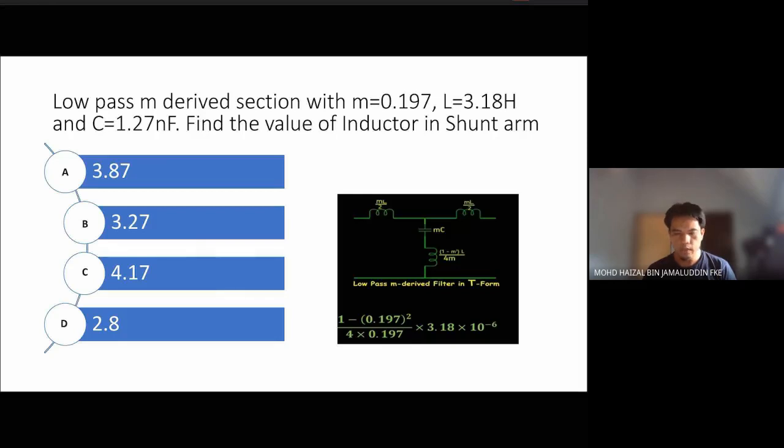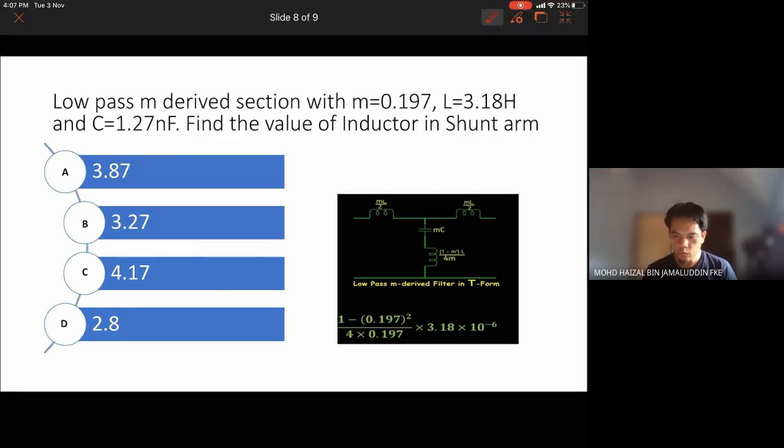So you need to draw back the low pass m-Derived filter section. You have the inductor values in both arms, and in the middle here, the question asks to find the value of the shunt arm.